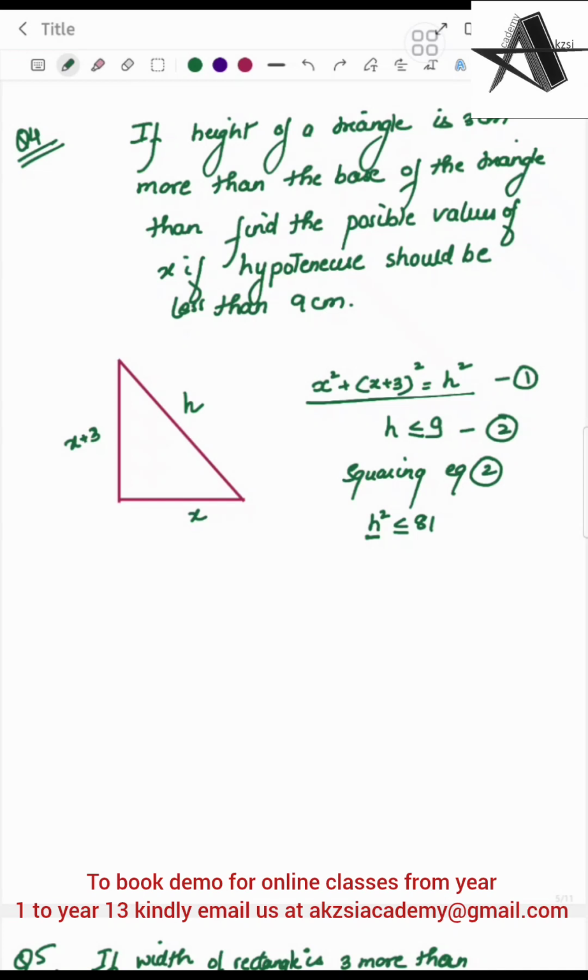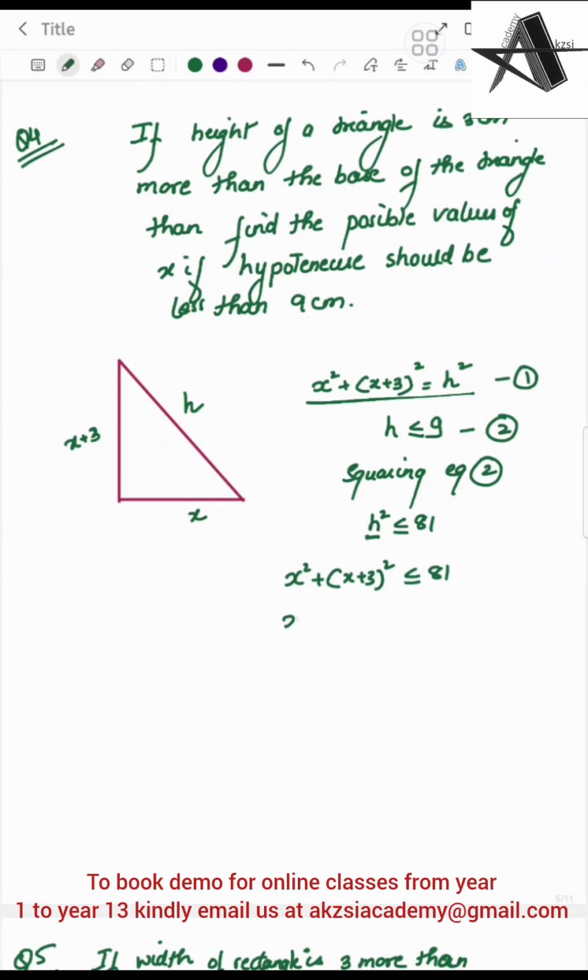Anyone who is of age 13 can be allotted that seat. So that's the replacement. Similarly, h squared is equal to x squared plus (x plus 3) whole squared, so I can replace h squared with x squared plus (x plus 3) whole squared less than or equal to 81.